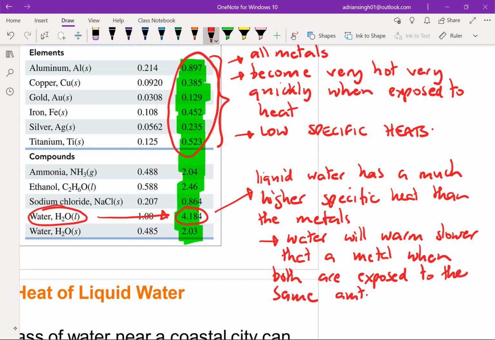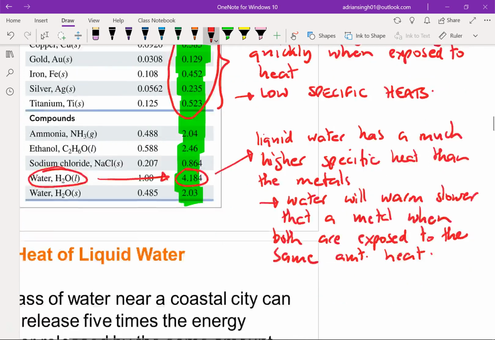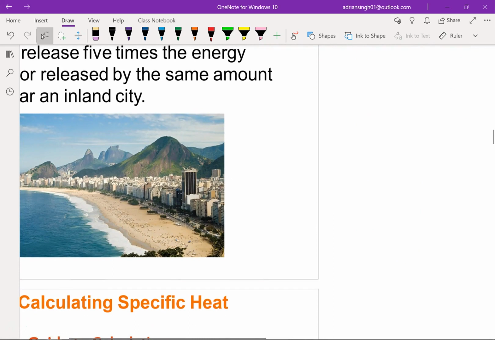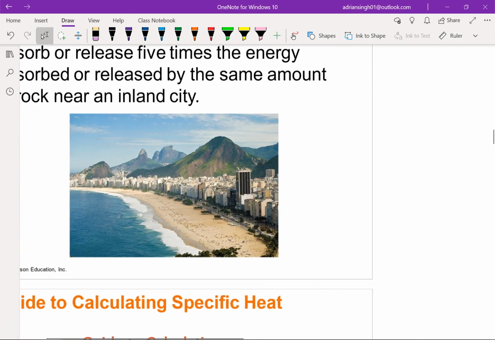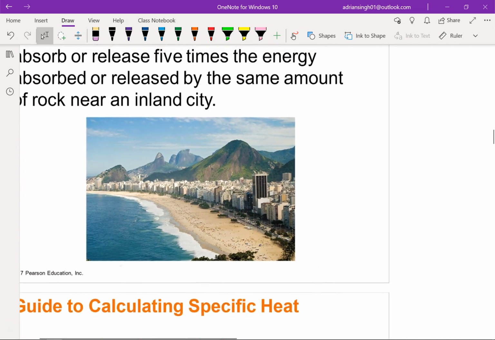All right, and we can take that idea of what specific heat is and apply it to something that you may experience, maybe not on a regular basis, but you probably have seen this on TV or experienced it on your own. You go to the beach in the middle of the summertime. It's very hot.